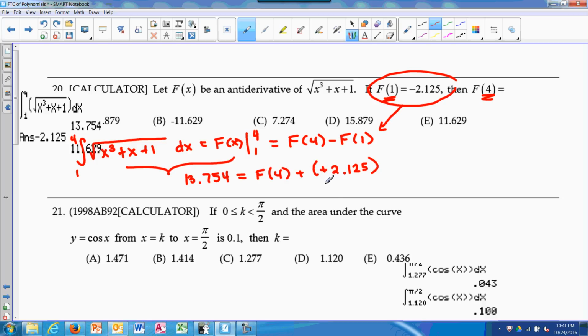So I have to subtract 2.125 from both sides. When I do that, I get 11.629 equals F of 4. So be sure that you're actually using the fundamental theorem in the top minus bottom.